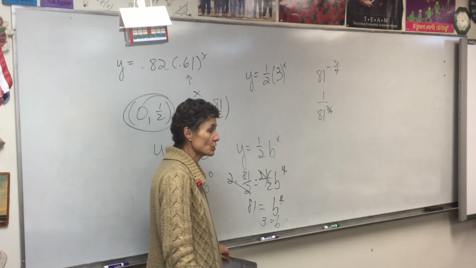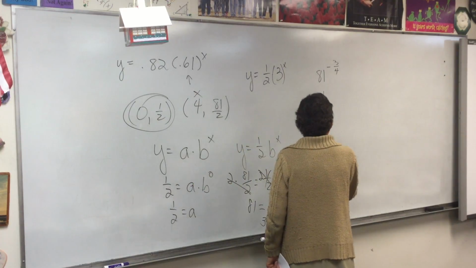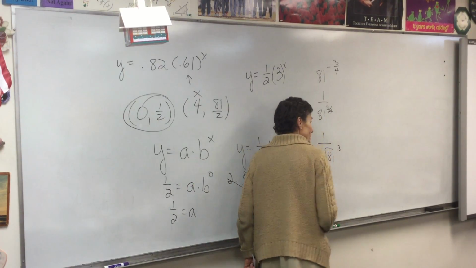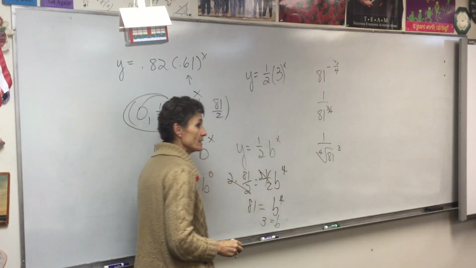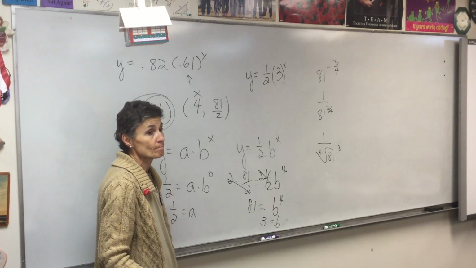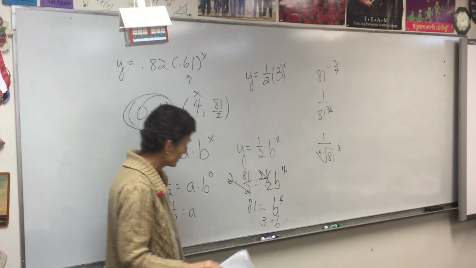And then what do I do with a fraction? Take the fourth root. It's a radical, so that's 1 over the 4th root of 81 cubed. So I need to figure out the 4th root of 81, 3, and 3 cubed is 27.